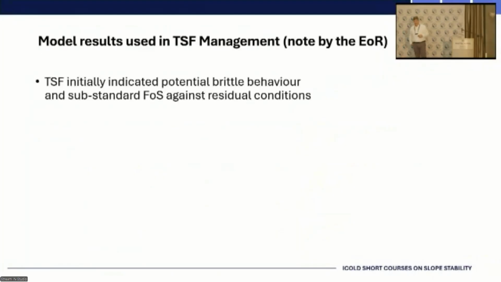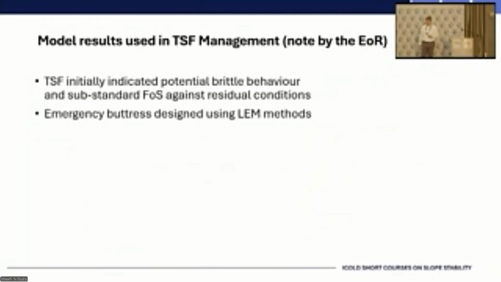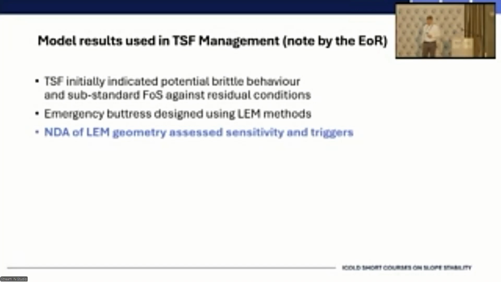So, the TSF initially indicated potential brittle behavior and substandard factor of safety against residual conditions. An emergency buttress was designed using limit equilibrium methods. The nonlinear deformation analysis of the geometry designed using the limit equilibrium method assessed the sensitivity, which means the vulnerability, and the triggers of the reinforced configuration.